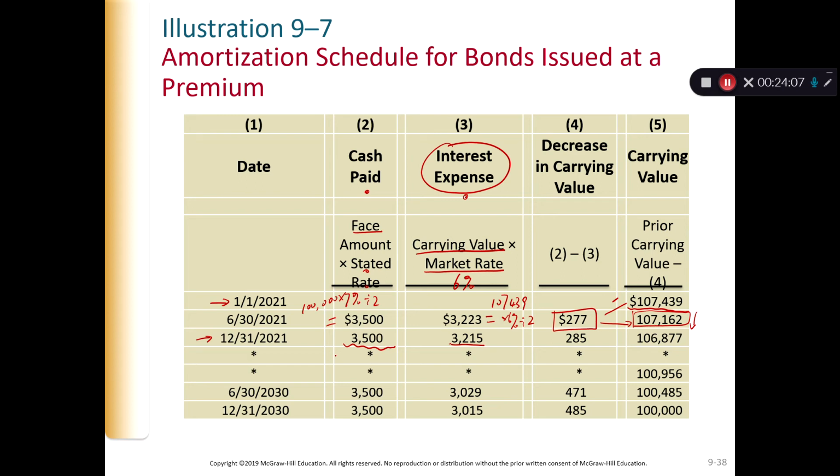But because this note promised to pay $3,500, right? This difference will amortize the premium carried by this note. So therefore, you will use 107,162 minus the 285 to give back to the investor who paid much higher than $100,000 at the beginning. Okay? Therefore, the carrying value is reduced to $106,877.